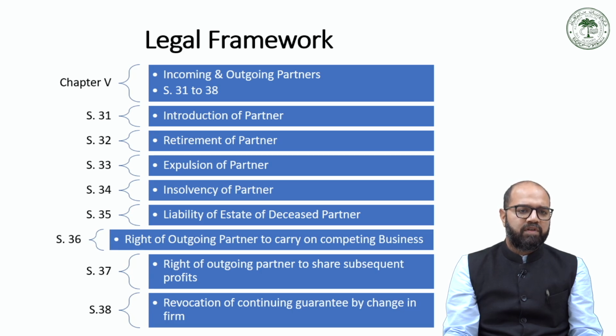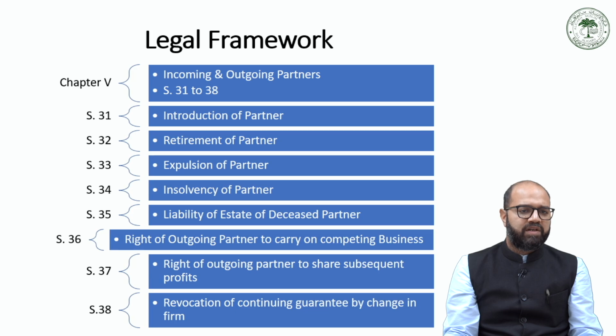We have the opening Section 31, which introduces the introduction of a partner; Section 32, retirement of a partner; Section 33, expulsion of a partner. What is the difference between retirement and expulsion? They are two different modes as to how a partner exits the partnership firm.